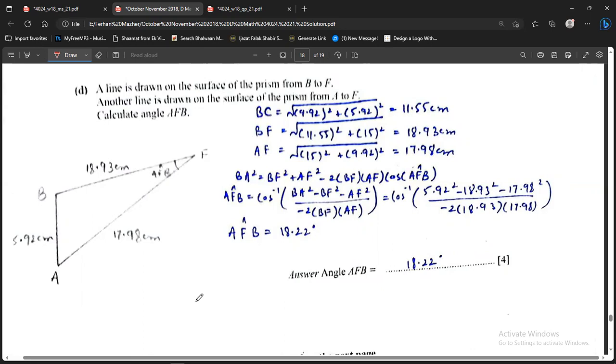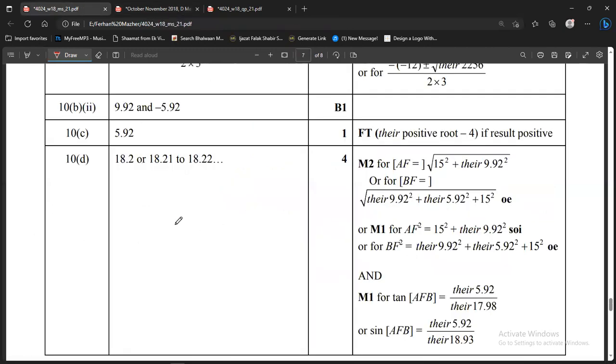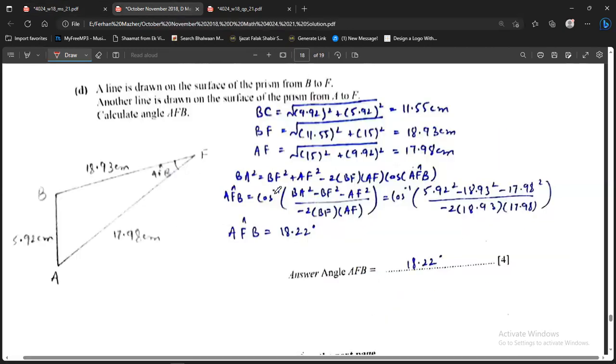So AFB will be cos inverse of 5.92 square minus 18.93 square minus 17.98 square divided by minus 2 into 18.93 into 17.98. Enter this in your calculator and take its cos inverse. You will have AFB equal to 18.22. 18.22 is the right answer.